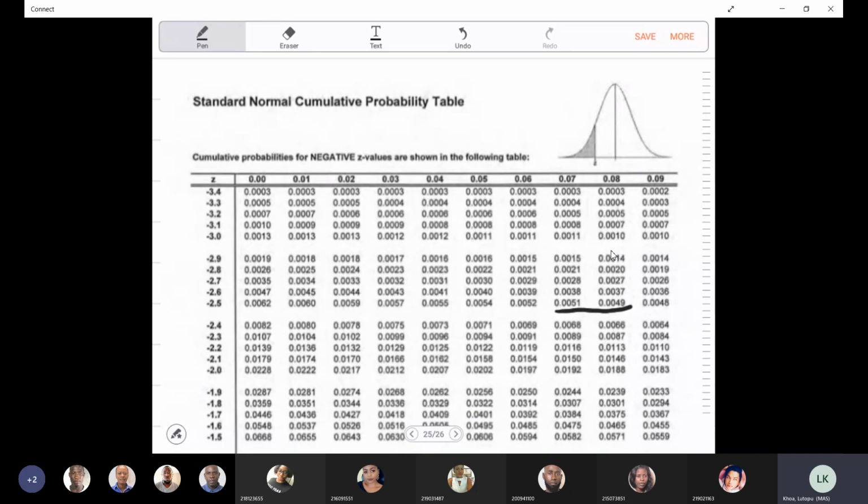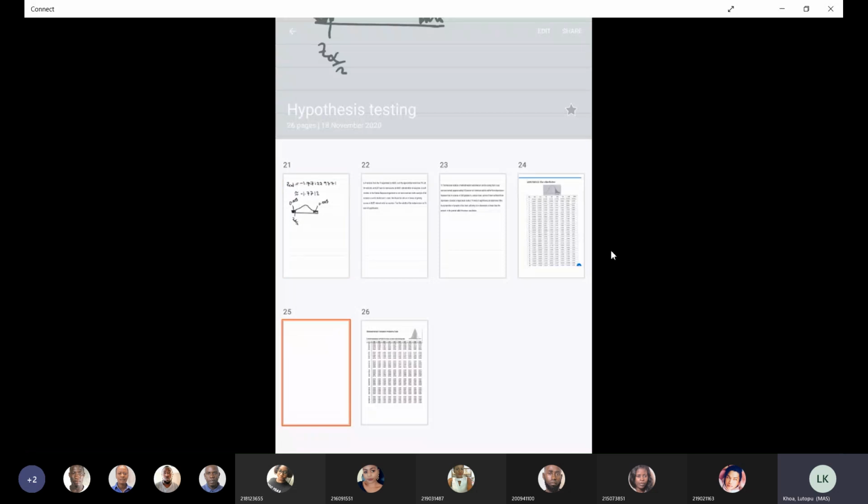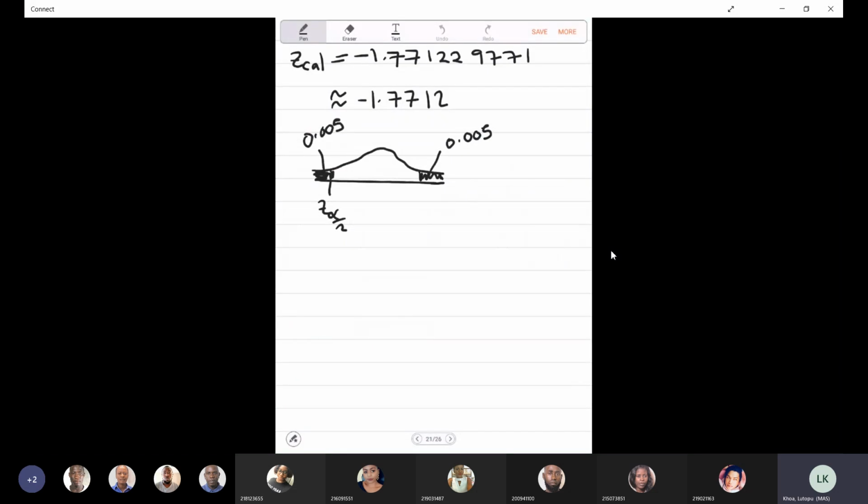Okay, so let us do that. So this is negative 2.575, and because my normal graph is symmetric, the value here that gives me an area of 0.005 is the same as the value over here, except on this side it is positive.